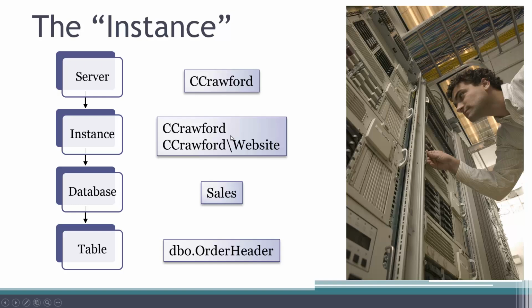When you install SQL Server and you don't provide it with a name, then it installs what's called a default instance. And you refer to that instance of SQL Server just by using the name of the machine, as I've shown here. Now, when you give SQL Server a name, then you refer to it by the name of the machine, and then a backslash, and then the name that you've given it. In this case, I've given it the name of website, and so I would refer to it as ccrawford\website. And that's how I would connect to it.